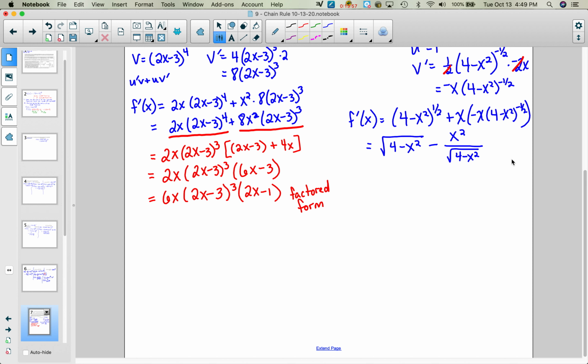All right, so we need to simplify this, and I'm going to need to find a common denominator, and I'm going to find that by multiplying the numerator and denominator by this 4 minus x squared.